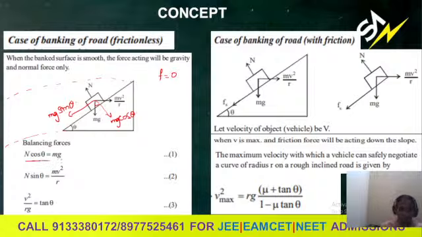So n cos theta is balanced by mg and n sin theta is balanced by mv square by r. Here the normal reaction force is resolving into its components because there is no friction.